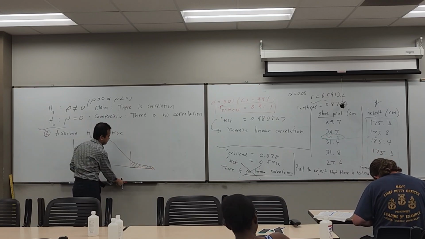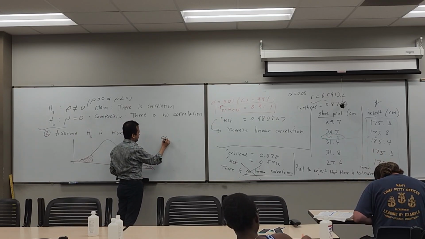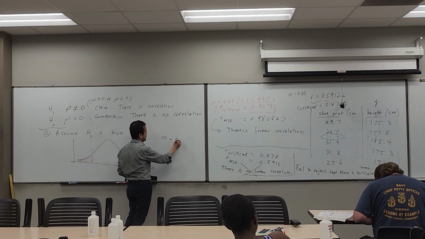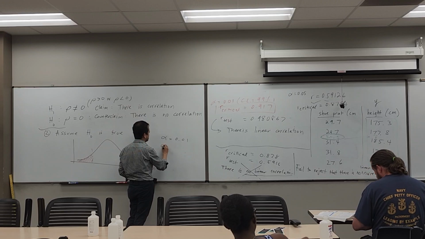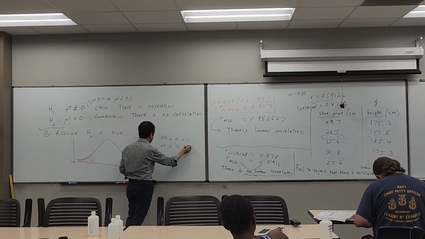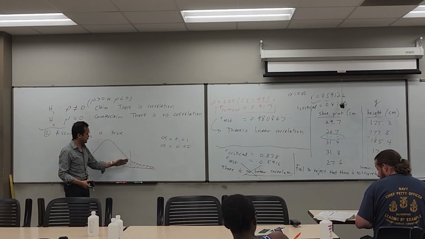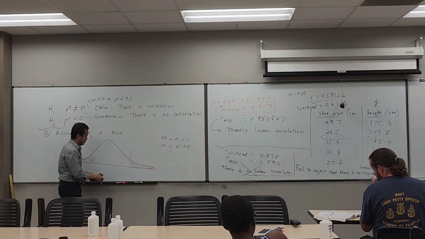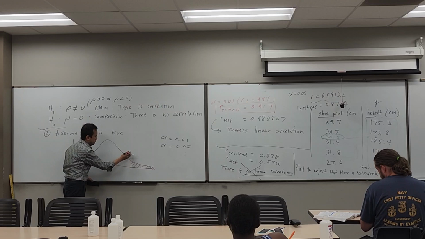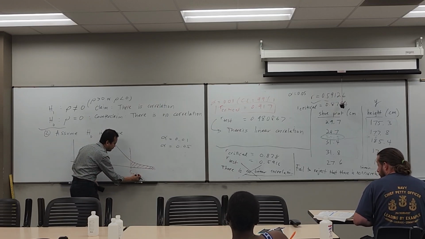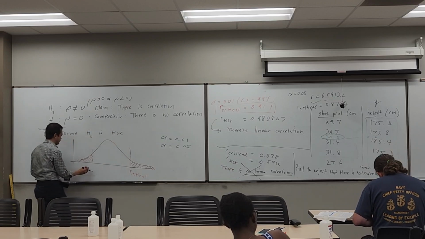And then remember the chart lays out two possible values for alpha. One is 0.01 and one is 0.05. So depending on the alpha, whether it's 0.01 or 0.05, these values for R critical will be those values that are in the chart.